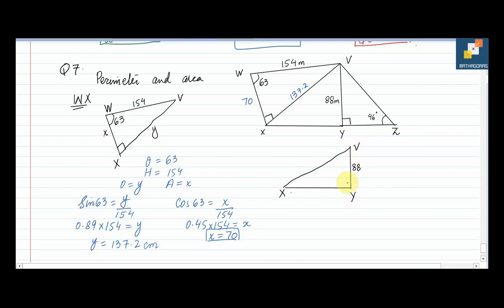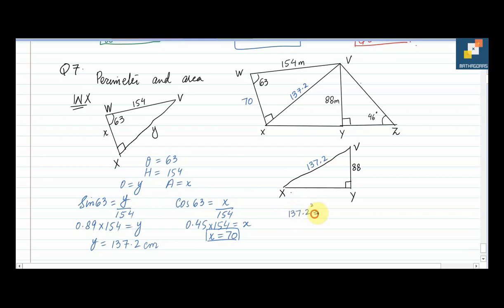This length is 88. It's a right angle. That's why I'd find the value of 137.2. Now we can find the value of XY by using what? Can you tell me the answer? By using Pythagoras, right?